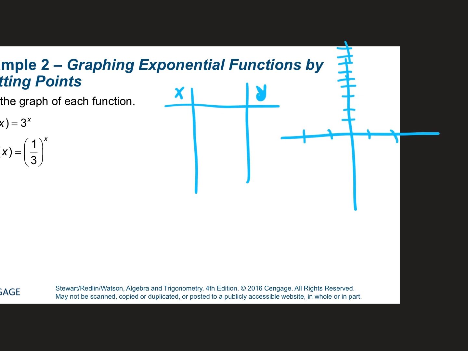Always we want to plug in some negative numbers and some positive numbers into x. I think WebAssign will tell you what values to plug in, but let's plug in -2, -1, 0, 1, and 2.